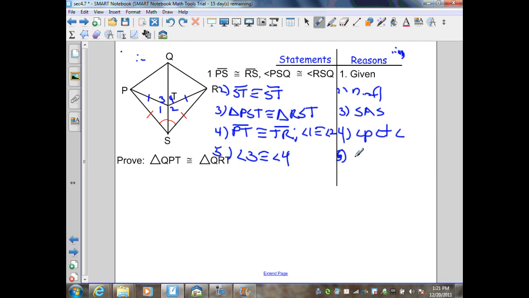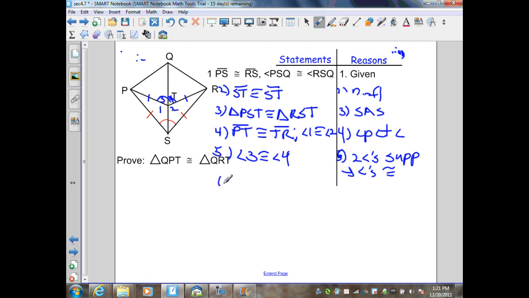Therefore, the shortcut method would be, if I have two angles, which would be 3 and 4, supplementary to congruent angles, which would be 1 and 2, then the angles are congruent. Now that gives me angle 3 congruent to angle 4.